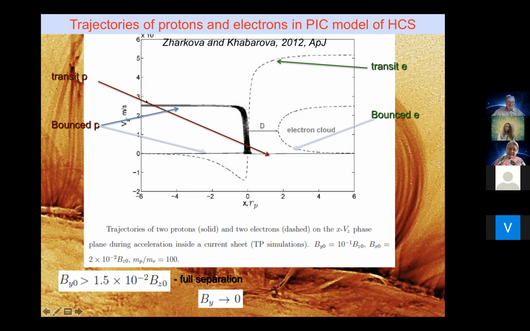Obviously the transit protons gain higher energy, but because protons gain much less energy than electrons, it is not obvious until you look at transit and bounce electrons. You see the transit electrons gain subrelativistic energies, sometimes about a half or a third of the speed of light, while bounce electrons can reach the midplane.